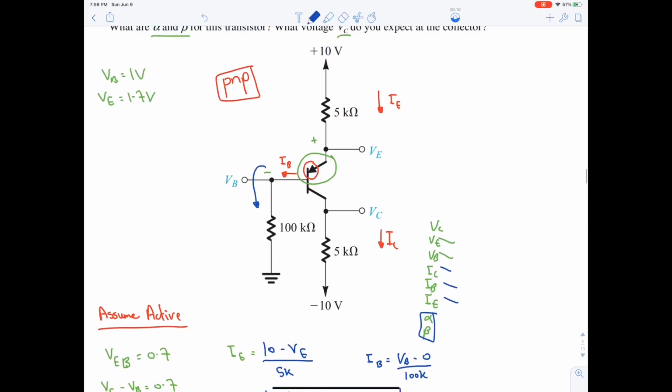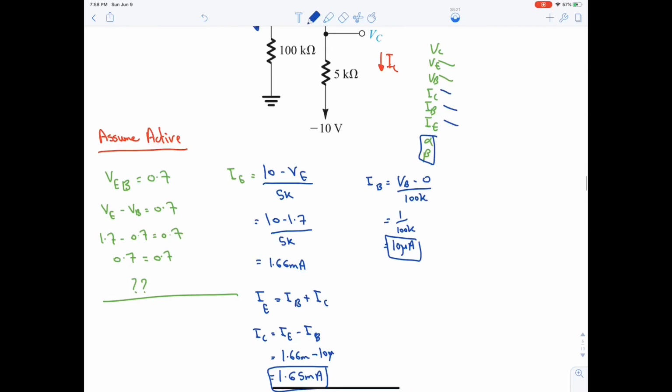VC, let's find VC. We can find VC through Ohm's law. So IC is equal to VC minus 10 divided by 5K.